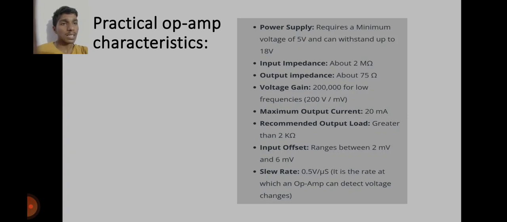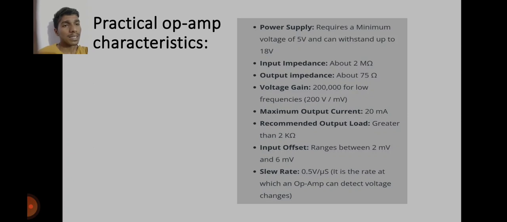The voltage gain is 200k for low frequencies, 200 volts per millivolt, and the maximum output current is 20 milliamps. The recommended output load is greater than 2k ohms, and the input offset is 2 millivolts to 6 millivolts, which is 0 in the ideal case.